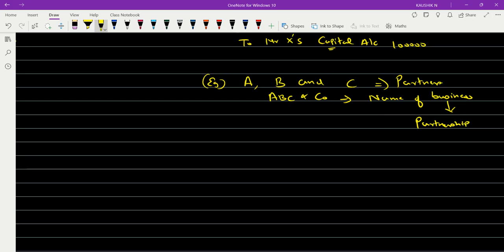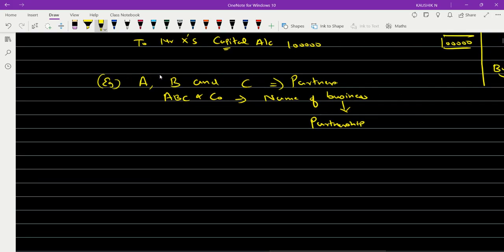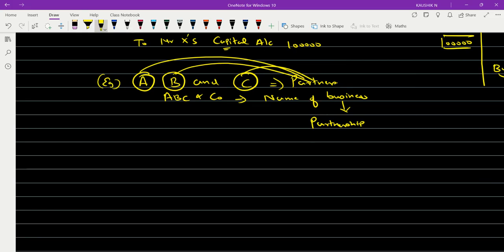Forms of business you learned in your grade 11 BST. So, as per the form of business organization, it's a partnership business. The name given to the business is ABC and Co. And the names of the partners are A, B, and C. Individually, A is a partner, B is a partner, and C is a partner. That's why we say partner names are A, B, and C. So individually they are called partners.